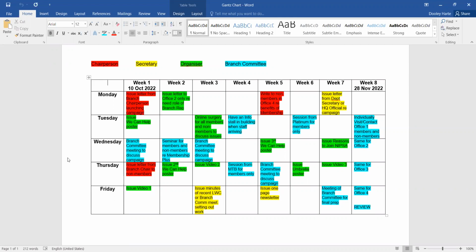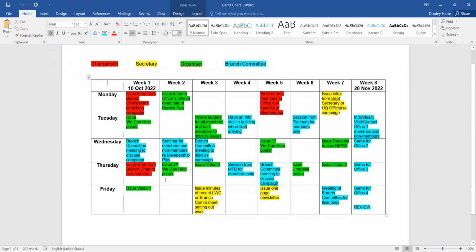If you have a vice chair, then fair enough, or the secretary or organizer. The premise here is we're starting to break the ice by getting a letter out to Office 2 about the need to have a branch rep from that area on the committee.